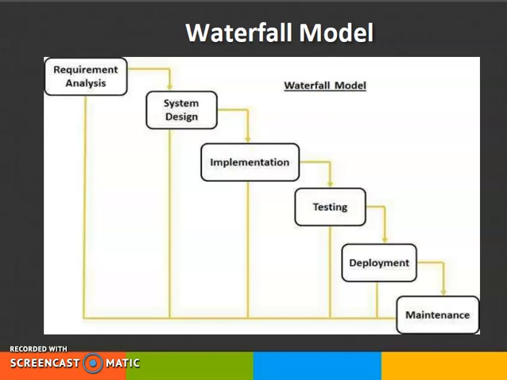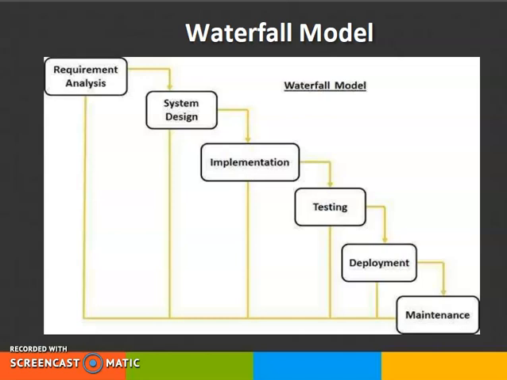When the design is over, they go for development and implementation. Even in the implementation phase, if they face any issue, the reason may be somewhere in the system design phase or analysis phase. But there is no possibility of going back and rectifying the errors in the previous steps.